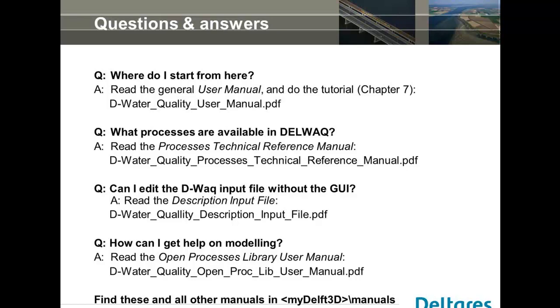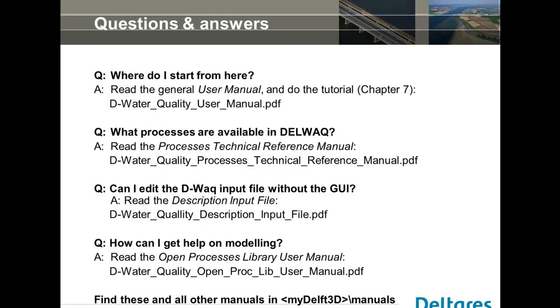It's possible to edit the WAQ input file yourself. There's a full description of this input file in a dedicated manual, and it's also possible to define your own processes, and therefore I would refer to the Open Processor Library user manual.